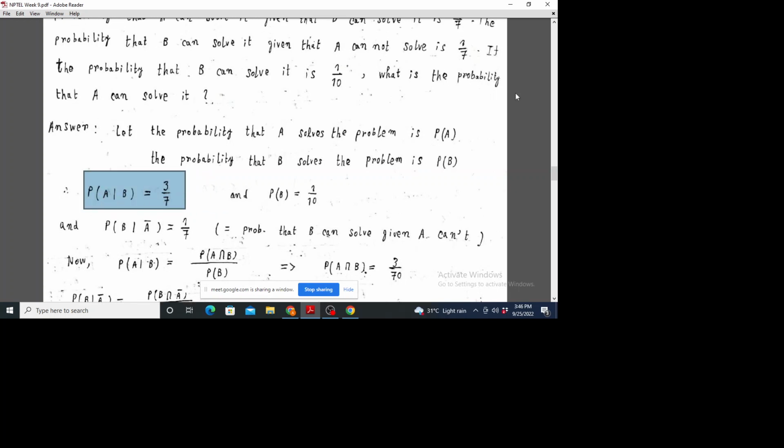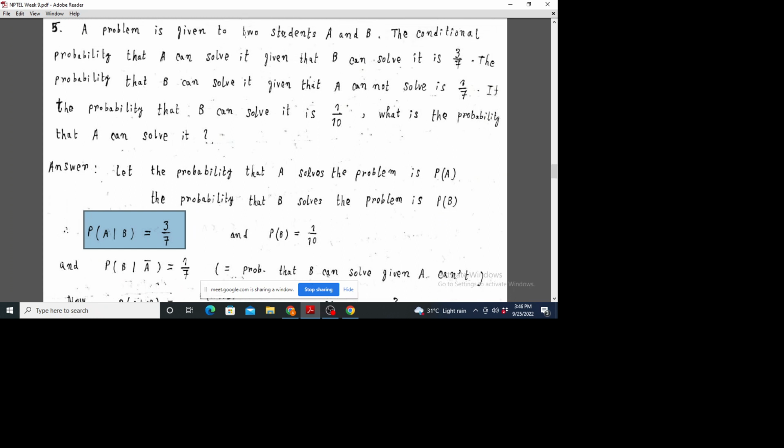In the question we are given this conditional probability is 3 by 7, because given that B can solve it, the probability that A can also solve it is 3 by 7. And the probability that B can solve it is 1 by 10.